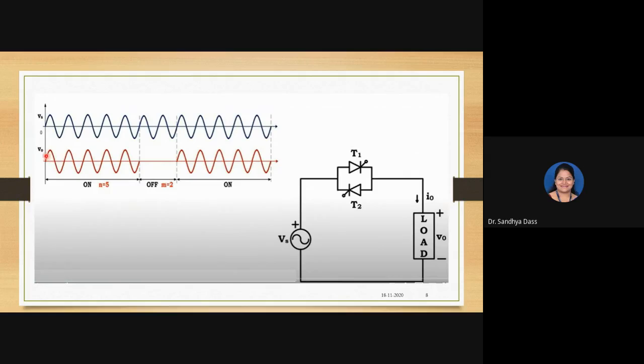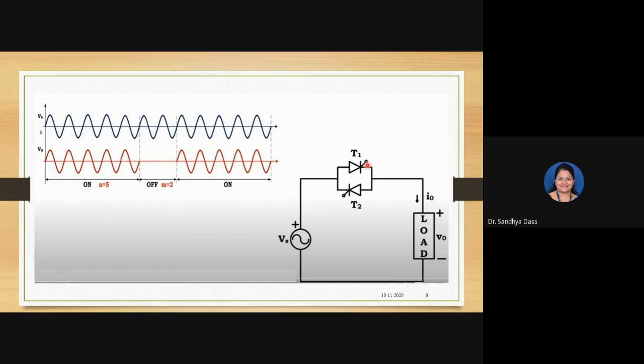Here you have the decision of when to fire these thyristors, which will be controlling the output voltage. That is what we are looking at in power circuits. Thyristors, according to their specifications, can withstand high voltage, right?